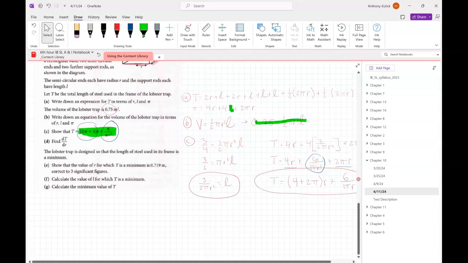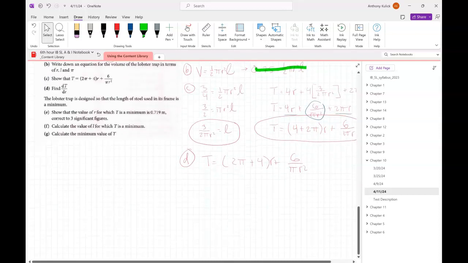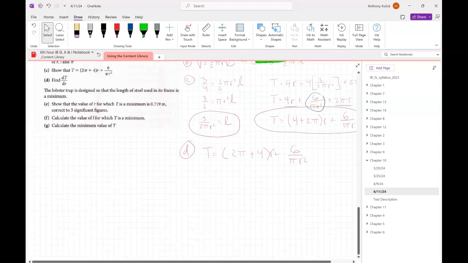All right. Part D says find dT/dr. Notice that to do this problem, I do not need to have done part C, right? Because from part C, I have the thing I need to take the derivative of already. Even if I wasn't able to show it, I still got what I need. So, the way this is currently written, am I ready to take the derivative of it?